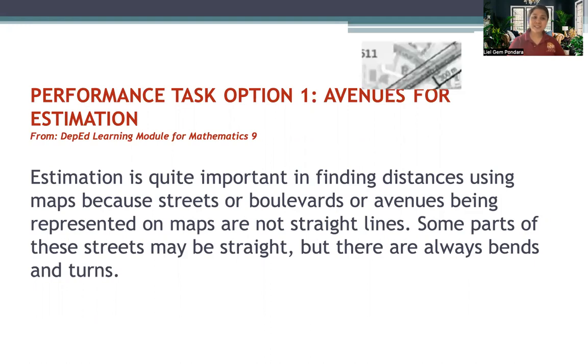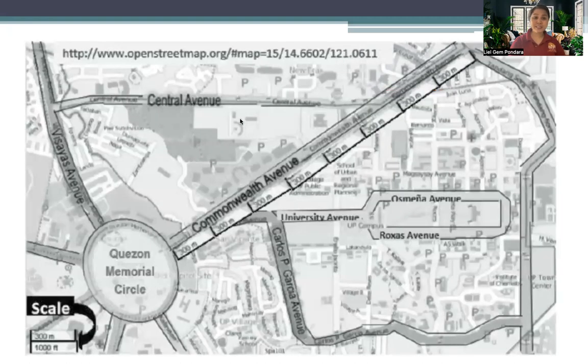Now here is the given map. This is the given map around the Quezon Memorial Circle, and you'll see common streets like Commonwealth Avenue, and here going to Tandang Sora. If you also bypass here, you will have the University Avenue that's going to the UP campus in Diliman.